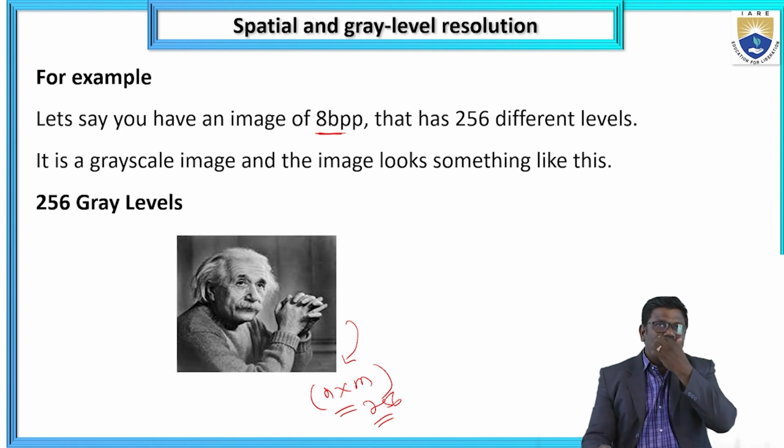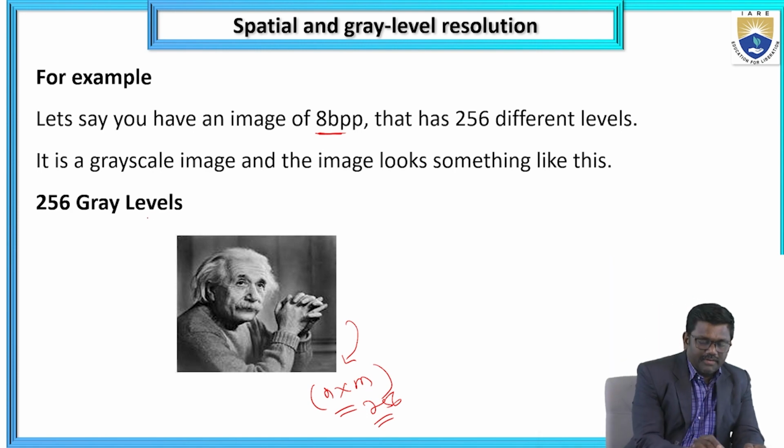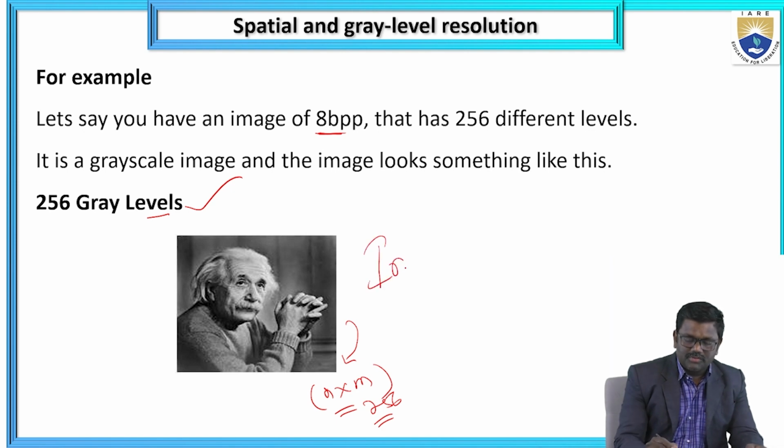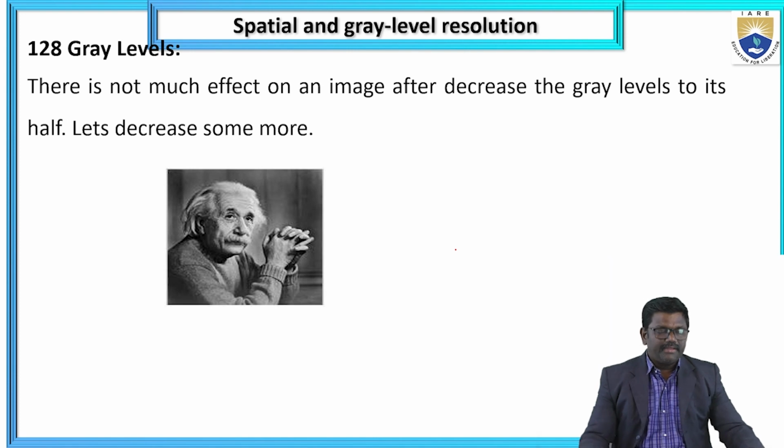Here it is a grayscale image, and the image looks something like this, with 256 gray levels. And the second is 128 gray levels; there is not much effect on the image after decreasing the gray levels to half. Let's decrease some more.